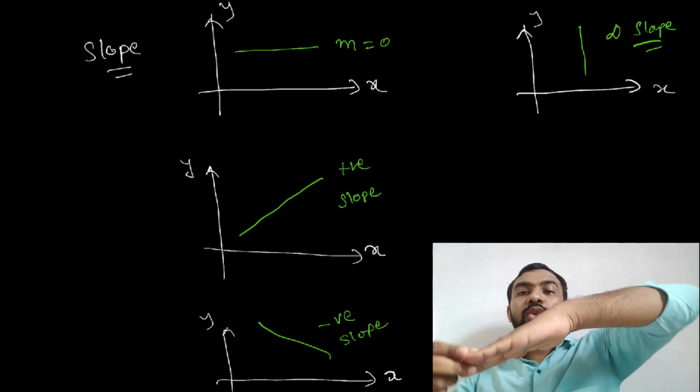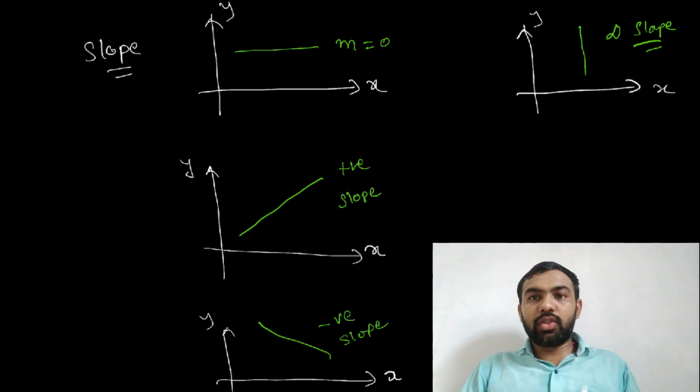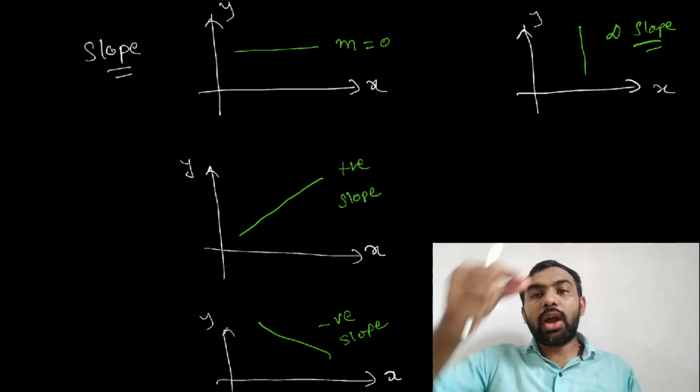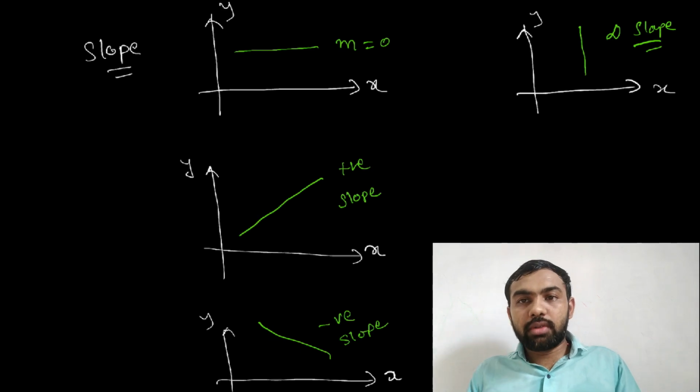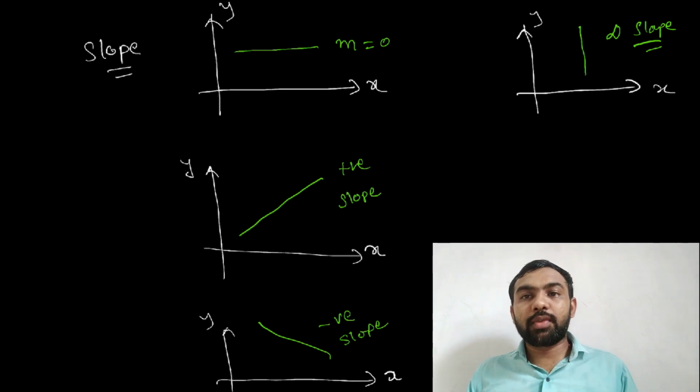On the negative side it decreases, but if you consider only the magnitude, it again increases. You must note this slide in your books properly, then after we go to the next section.